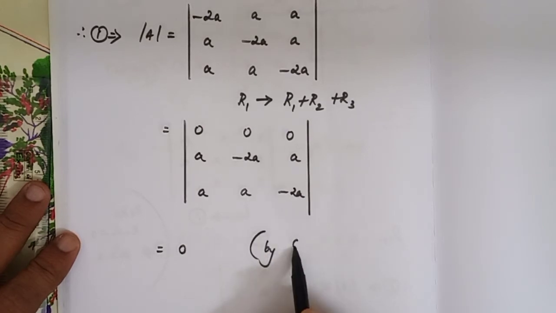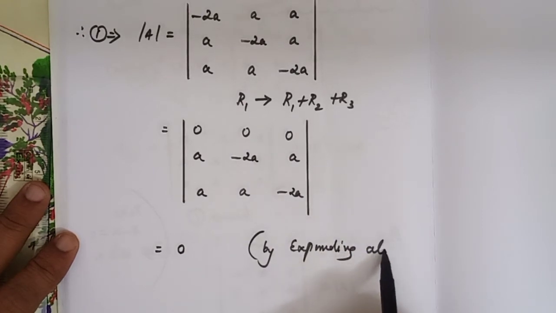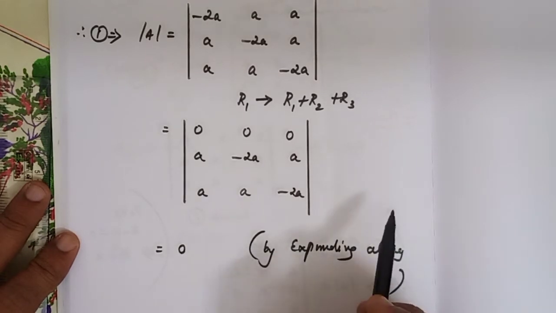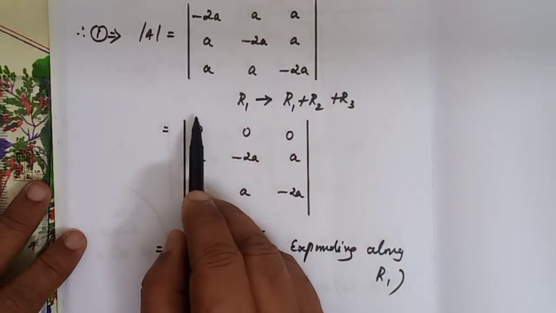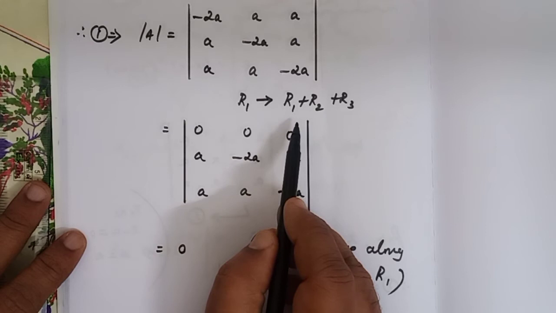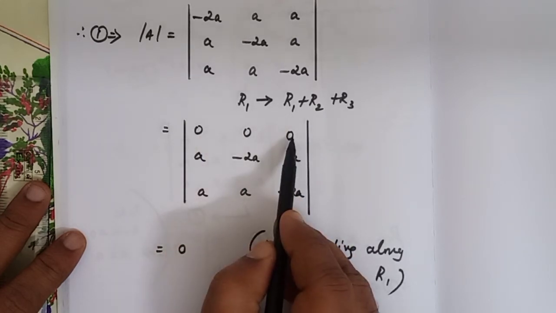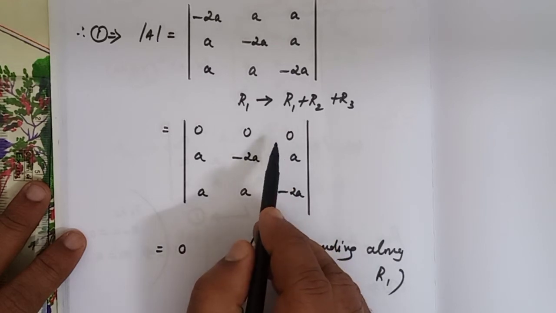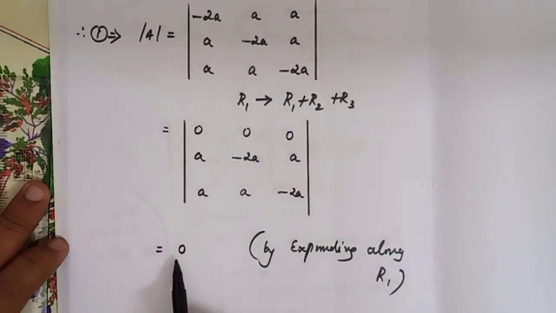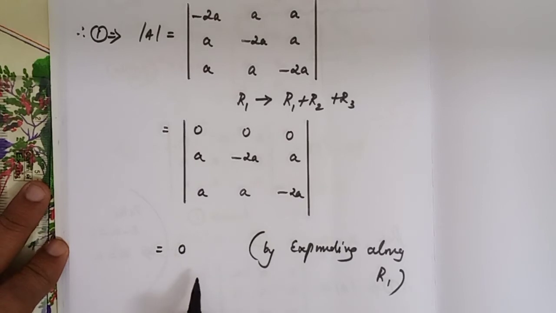By expanding along R1, suppose I put plus, minus, plus, you know that 0 into anything is 0. Obviously, we will be getting 0 at the last. So you can directly write it. Okay, now determinant of A vanishes.